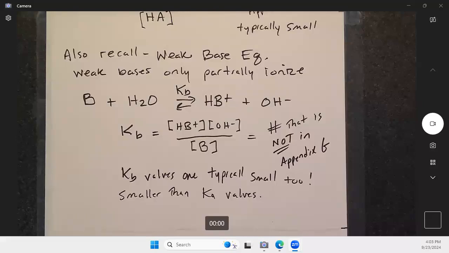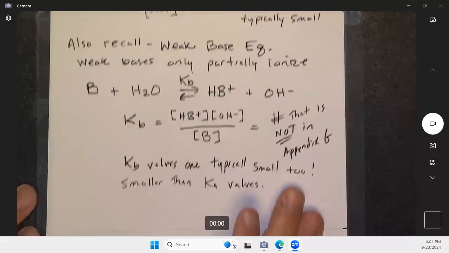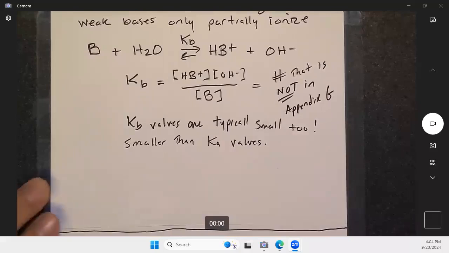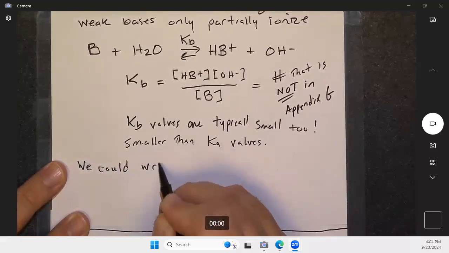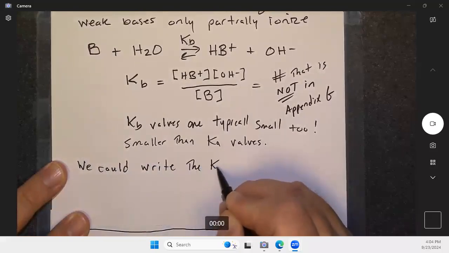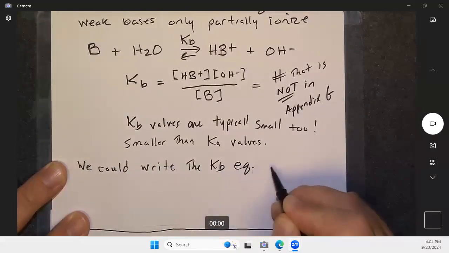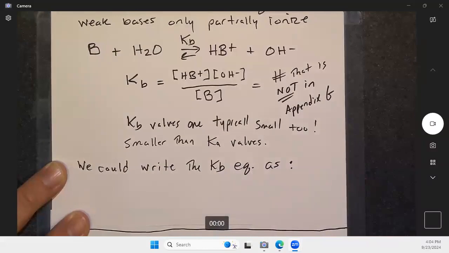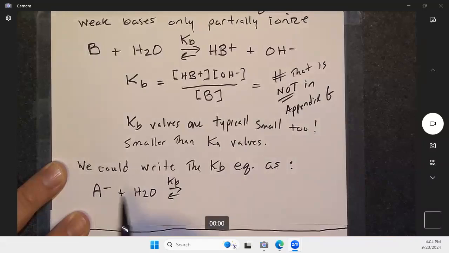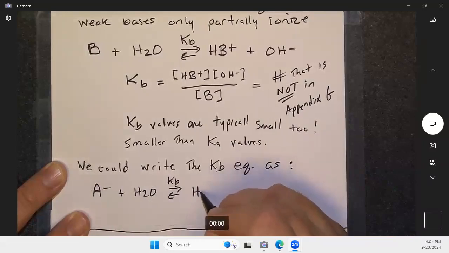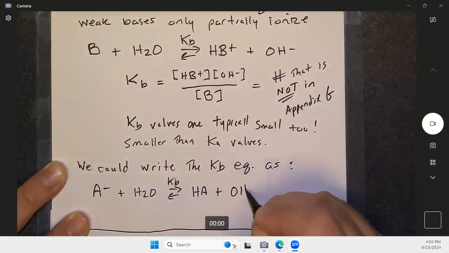Now, I do want to remind you that we don't have to, but we could write the Kb equilibrium as A minus, right, plus water going through its Kb equilibrium. Same thing happens. You get water, right, protonating the A minus to give us HA plus OH minus.